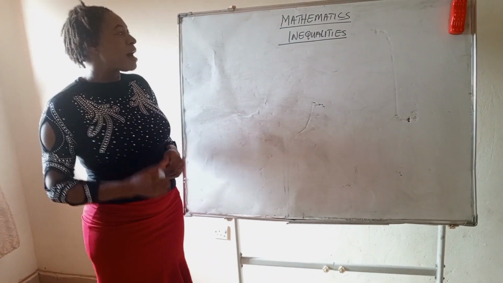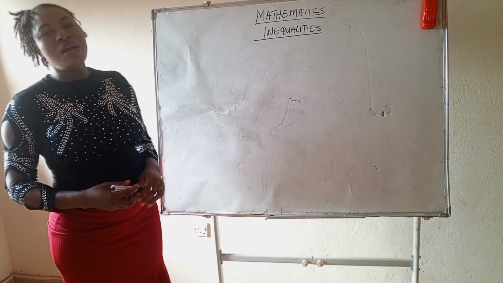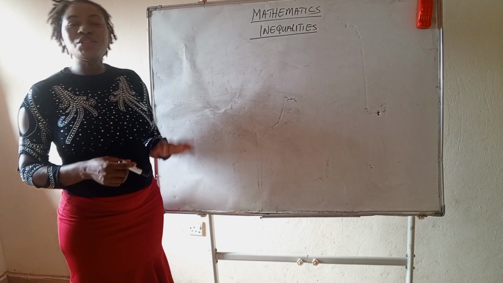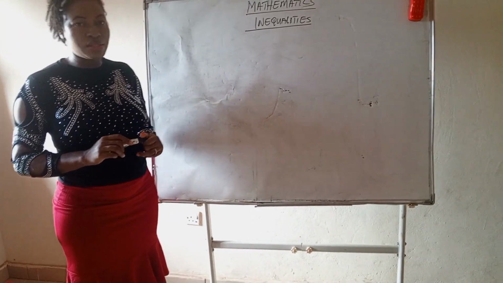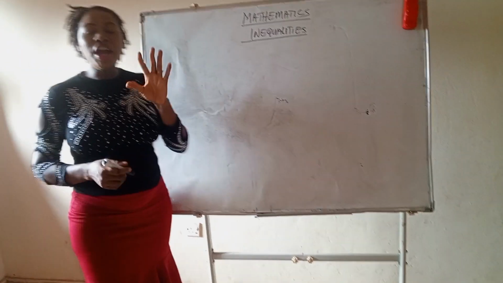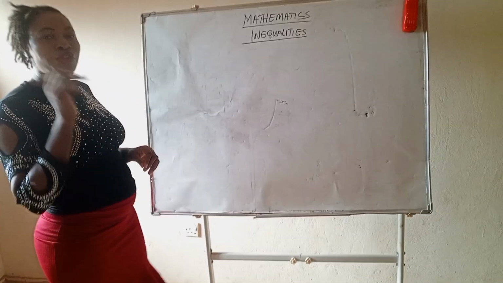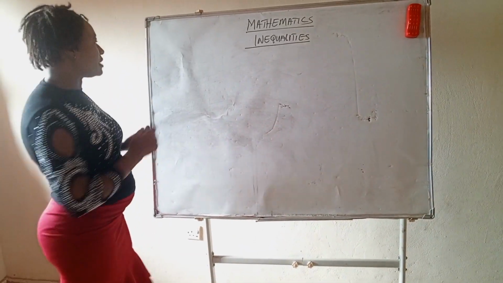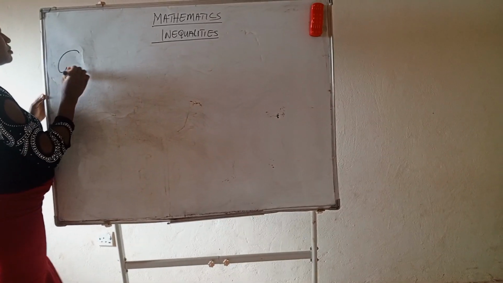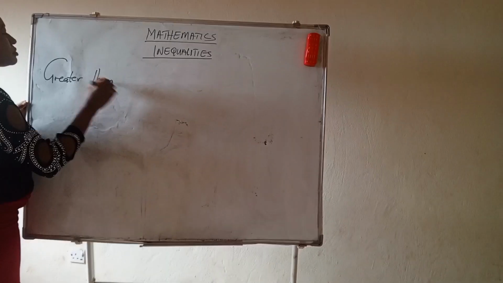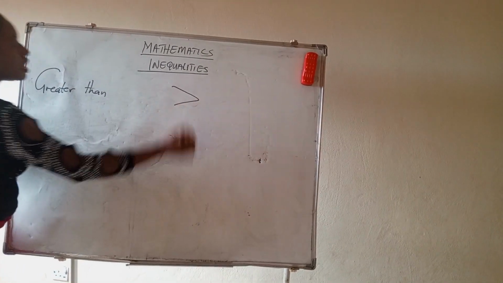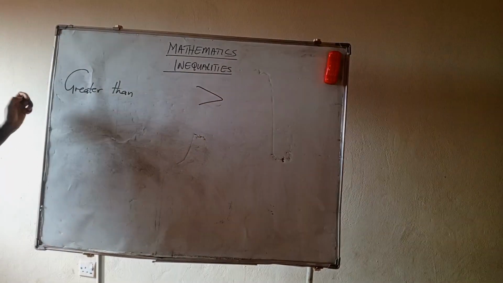Today we are going to talk about inequalities, inequality symbols, and how to use inequality symbols to represent mathematical statements. Of course, we have 4 inequality symbols. First one is greater than. The second one is less than.